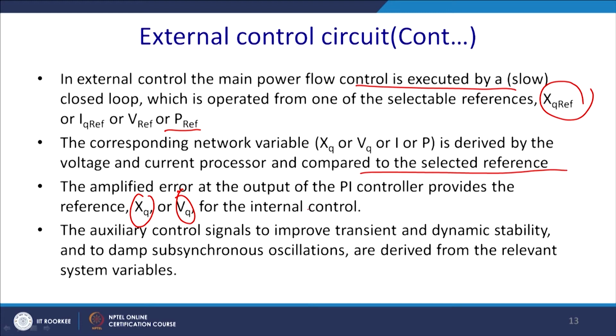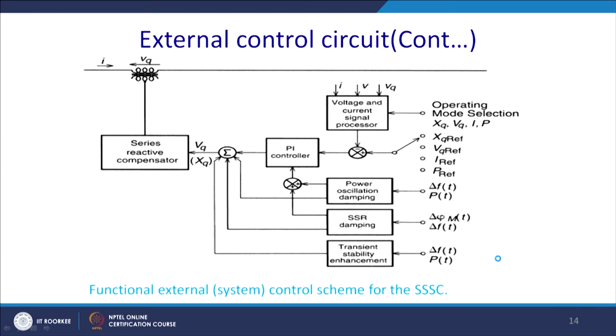The auxiliary control signals are also there to improve the transients, dynamic stability, and to damp out the subsynchronous oscillations, and are derived from the relevant system variables, that we will see soon. So, this is the overall structure.